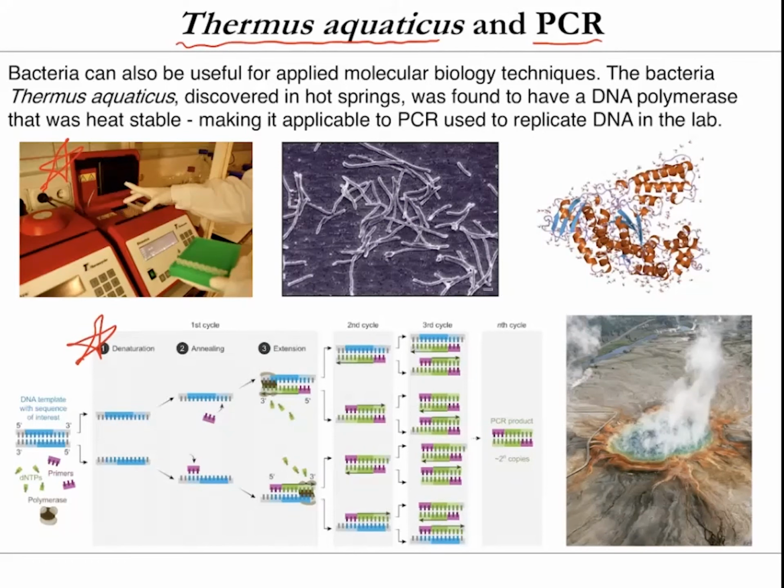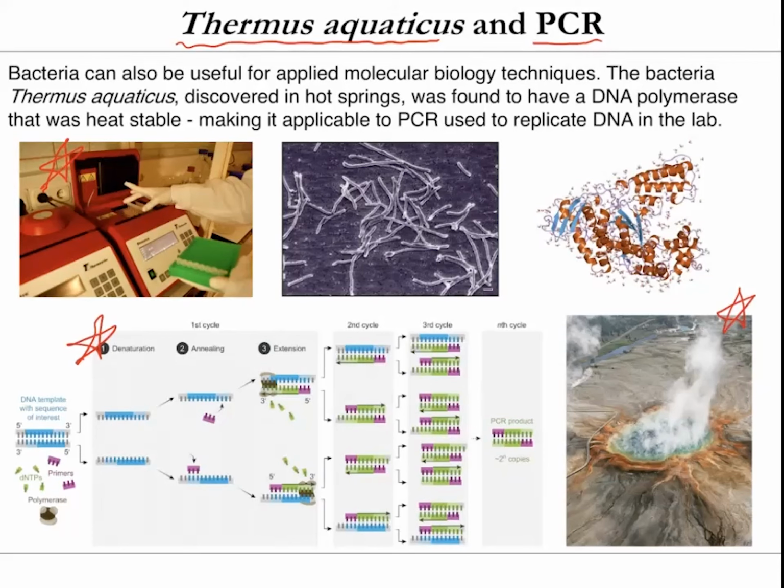Thermus aquaticus was discovered in hot springs, I believe in Yellowstone National Park. It's an extremophile, so it can live in very high temperatures and very extreme conditions.